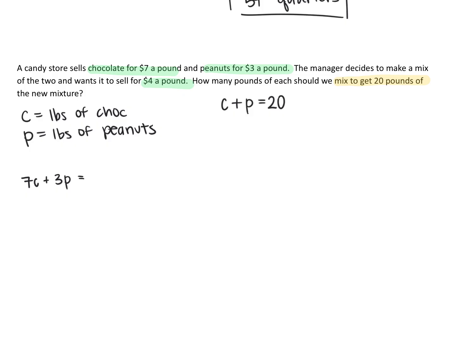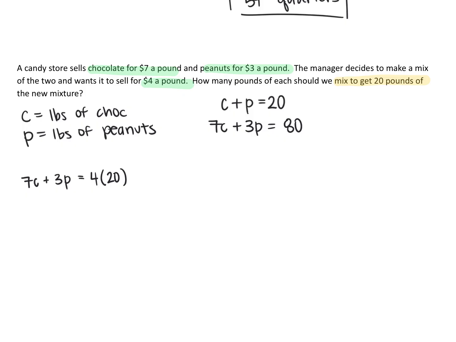So we're selling 20 pounds of the mix for $4 a pound, so we have to do 4 times 20. So our second equation is going to be 7C plus 3P equals 80, because I'm making $80 off of this mixture, because I'm making 20 pounds of it and I'm selling it for $4 a pound.